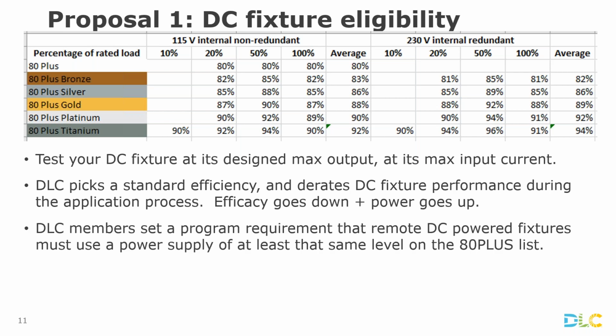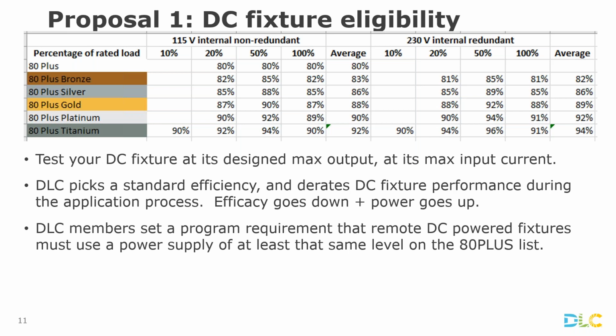We also are proposing to recommend that our member utilities set a program requirement that if you are using remote DC powered fixtures and applying for a horticultural lighting incentive based off of the DLC Hort QPL, we are going to ask that you also demonstrate that you are using them with a power supply that is at least that same level on the 80+ list.